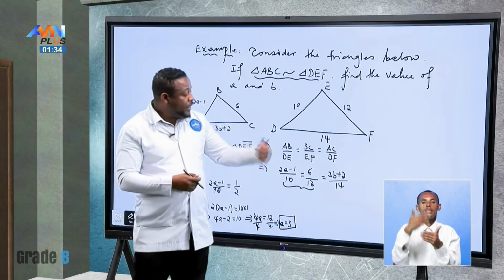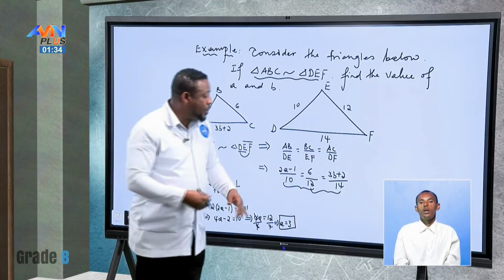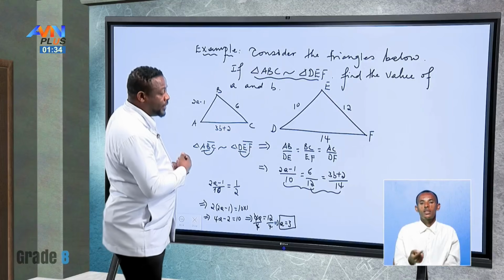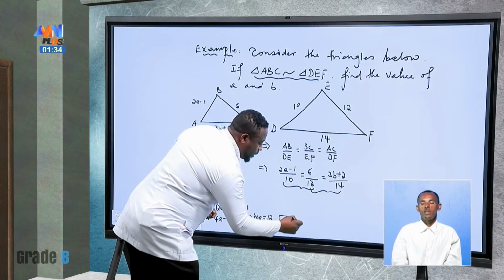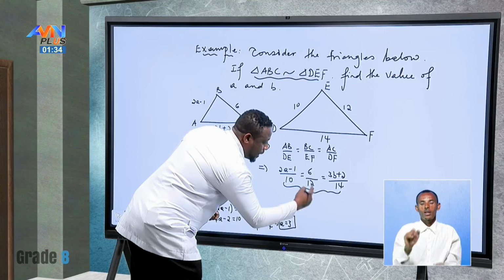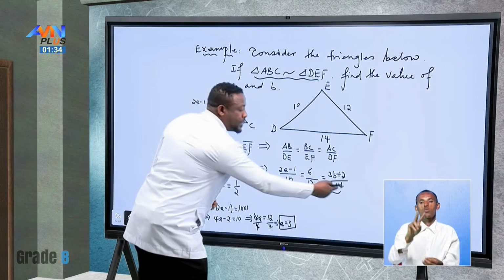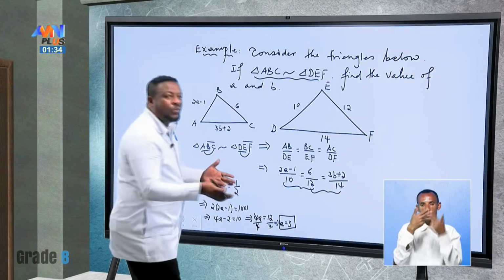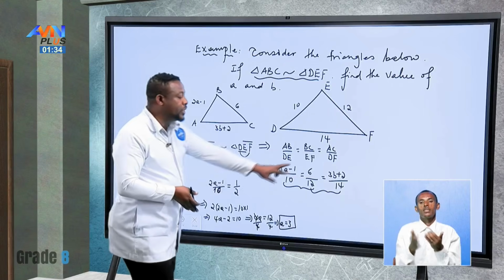Then take the next pair of proportions. Whenever we take this, we obtain the value of B. So 6/12 is the same as (3B + 2)/14. You can crisscross it: 6 times 14, but this takes time, so make a simplification on the middle term.